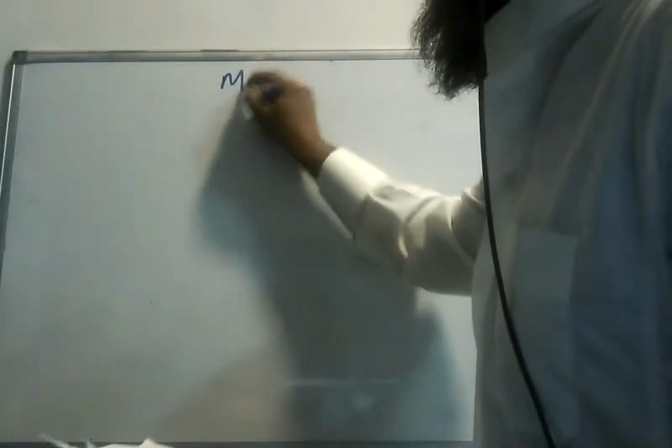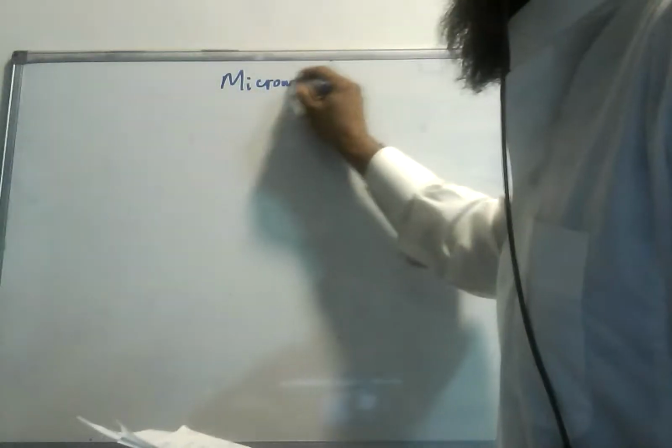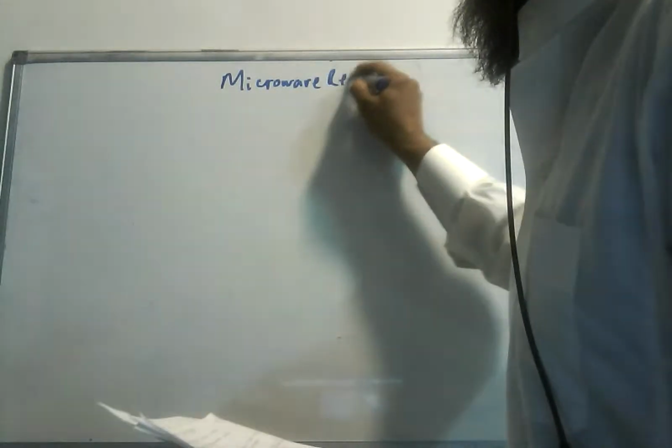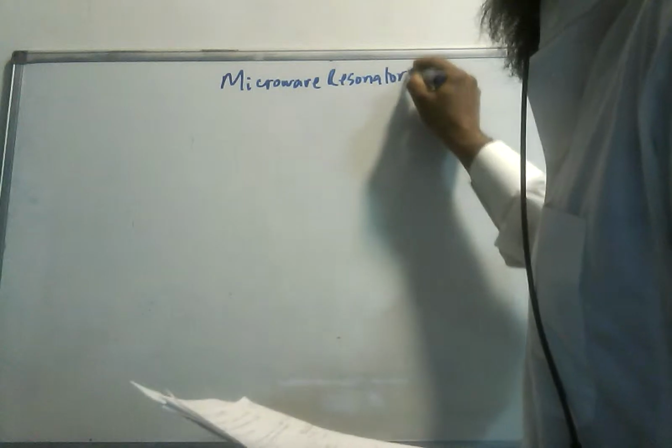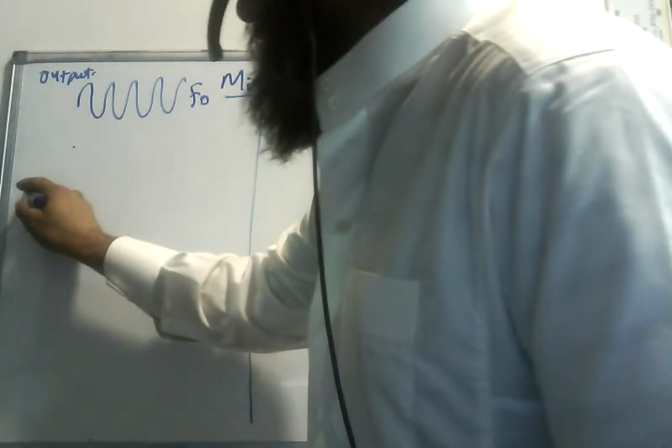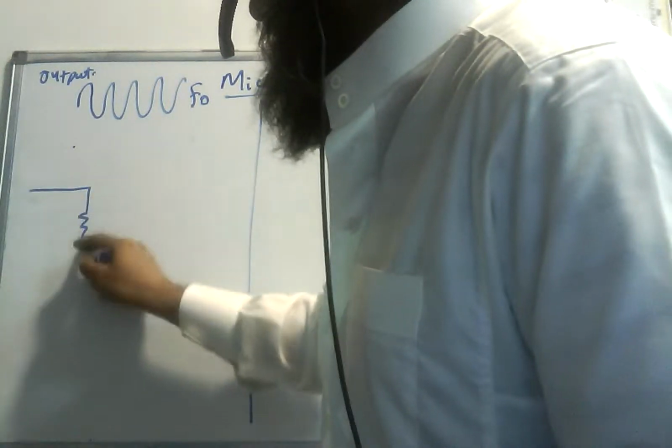So a microwave resonator is a device which is strong at some frequencies. So I will just put a circuit here, for example, this circuit. This is an RLC resonator.